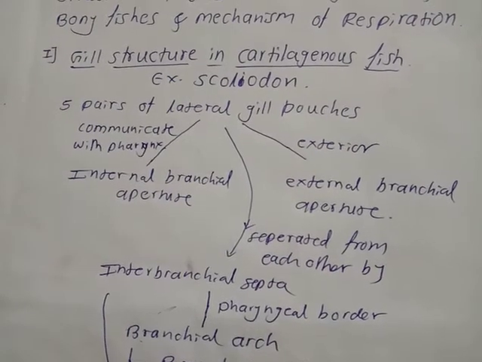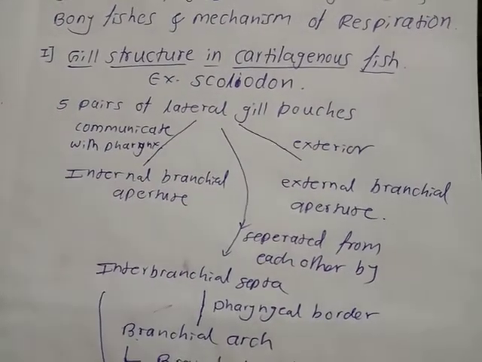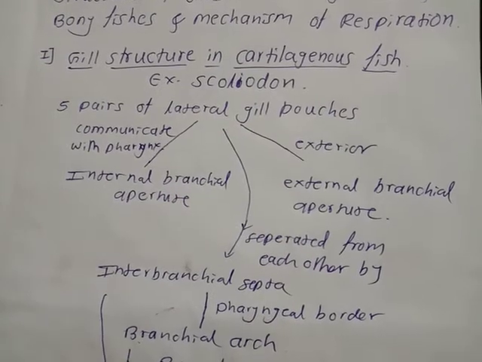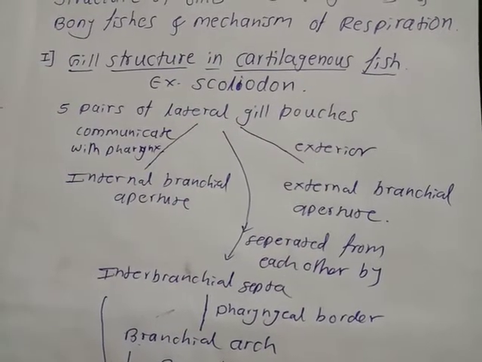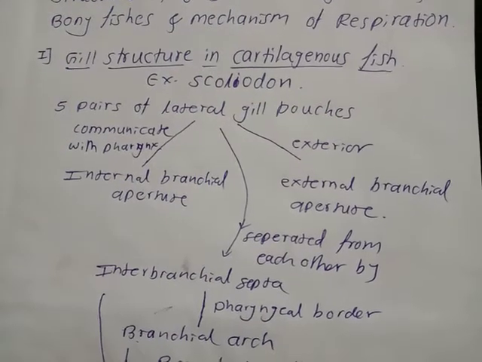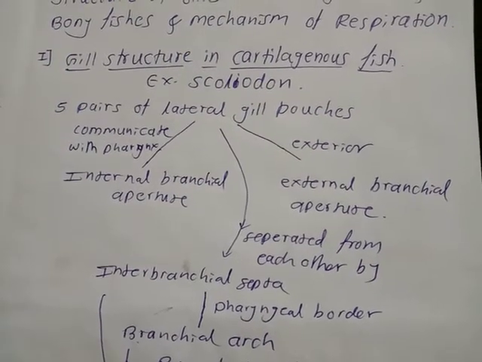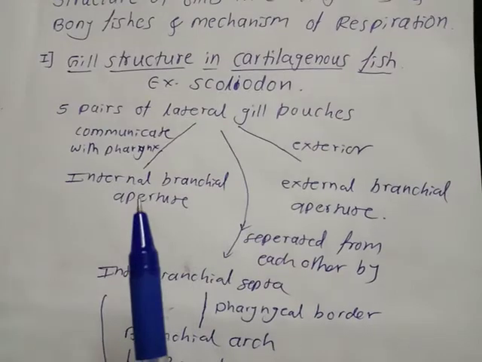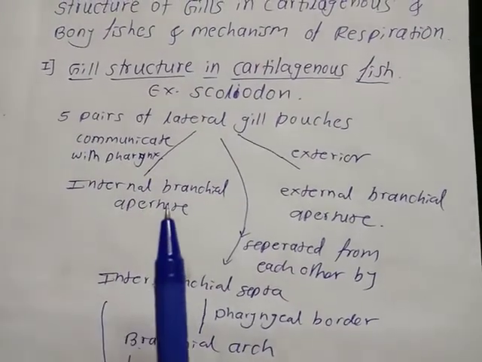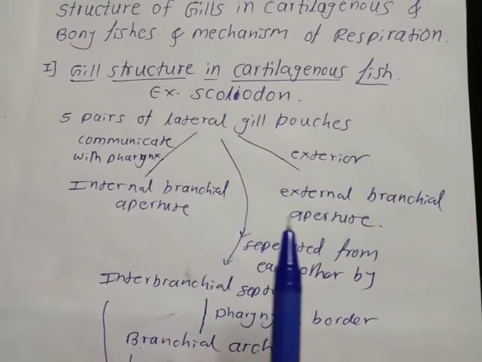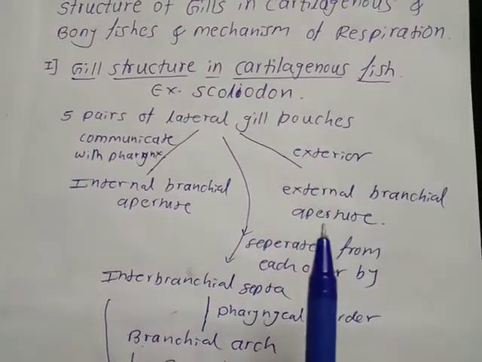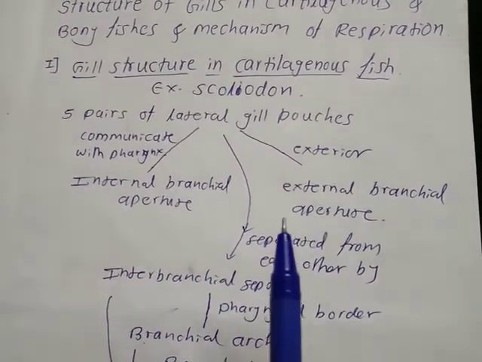There are 5 pairs of lateral gill pouches. Each gill pouch communicates with the pharynx by a large internal branchial aperture and with the exterior by a narrow external branchial aperture.